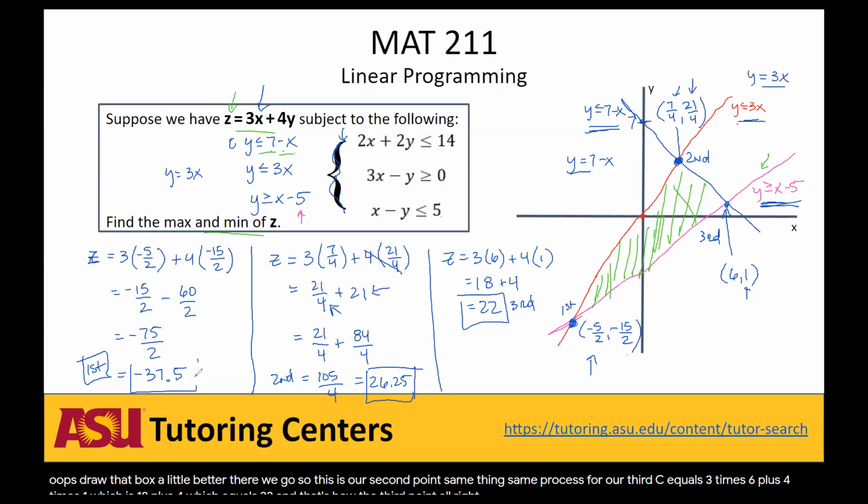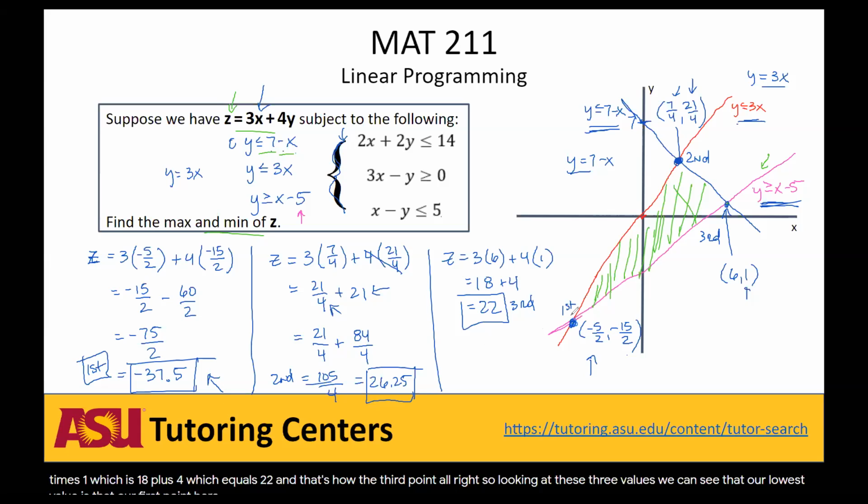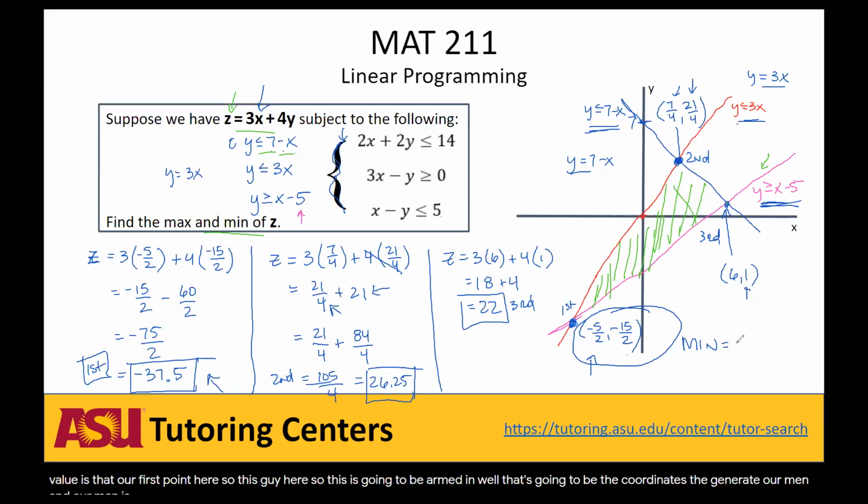All right. So looking at these three values, we can see that our lowest value is at our first point here. So this is going to be our min. So that's going to be the coordinates that generate our min. And our min is negative 37.5.